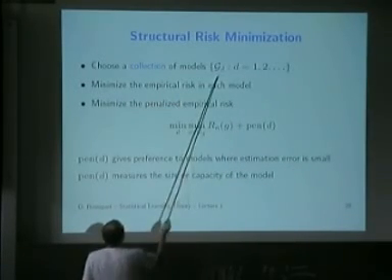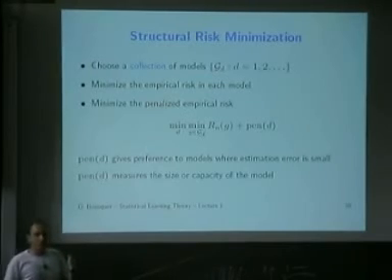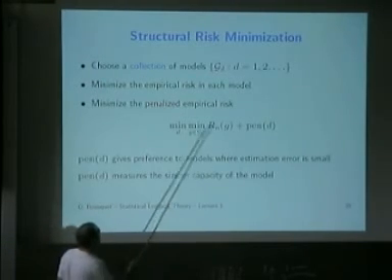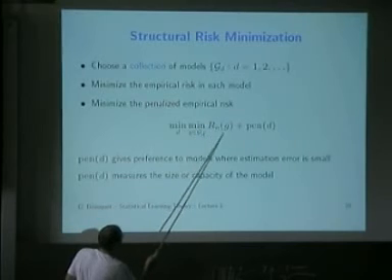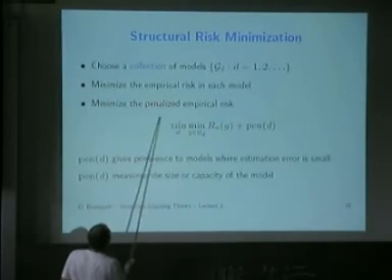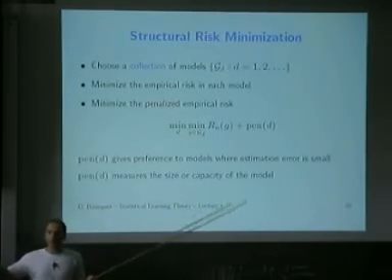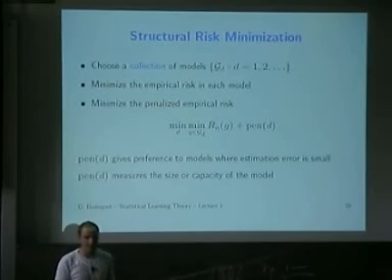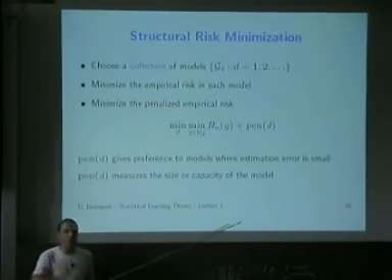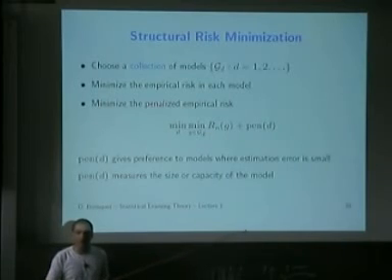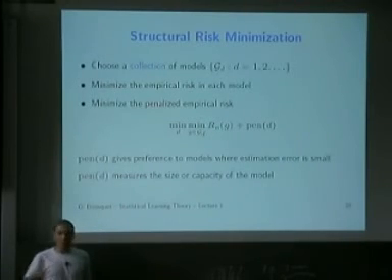In each of these models, we'll pick the best function with respect to the empirical error, so we minimize the empirical risk in each model. Then we compare all the classifiers that we have obtained. Say, for example, in the first model we look at linear classifiers, in the second model quadratic classifiers, and so on. And we compare all the best models.